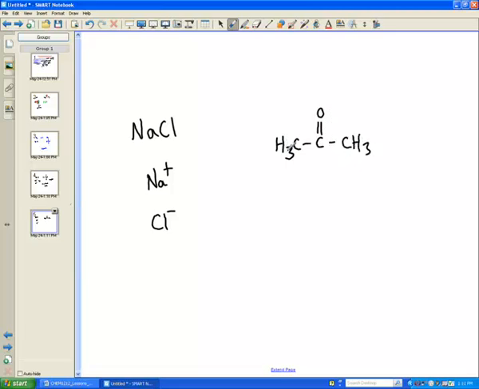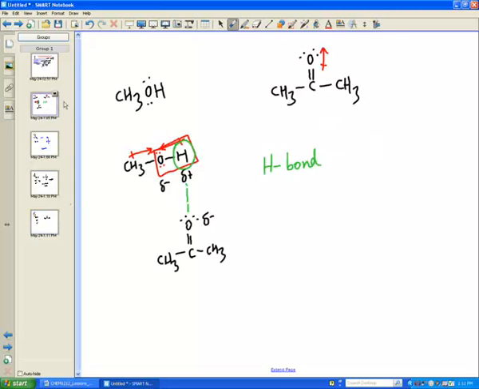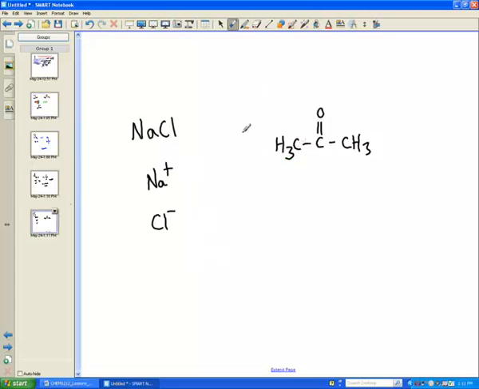I'm just drawing this slightly differently than I showed you before, because here carbon is directly bound to carbon. It's a little difficult to see the way I had it written. The way I have it written here, it's much easier to see. Carbon, carbon with 3 hydrogens, carbon with this, carbon with 3 hydrogens again. So we saw before that there is a dipole in this molecule, and that dipole is between the carbon and the oxygen, just like so.